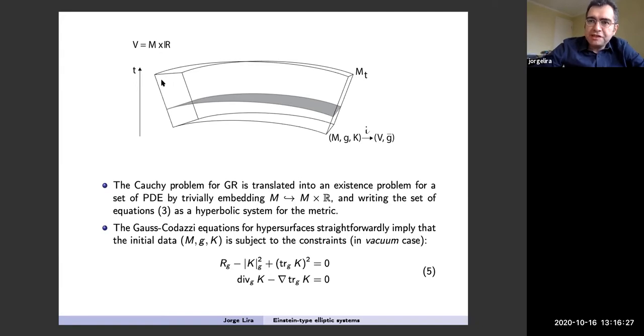So the necessary condition for having this embedding is to check the compatibility equations from Gauss and Codazzi. Then the idea is quite simple, but it's quite efficient too: you can use the Gauss-Codazzi equations, which permit you to see if G and K satisfy the compatibility equations.